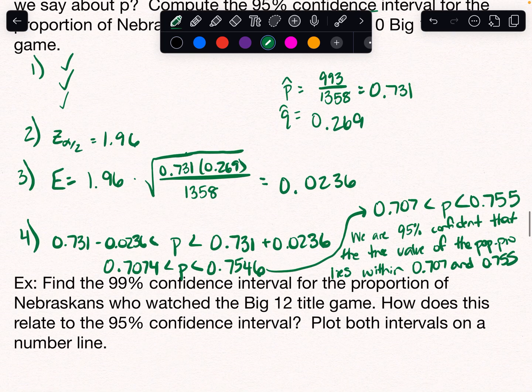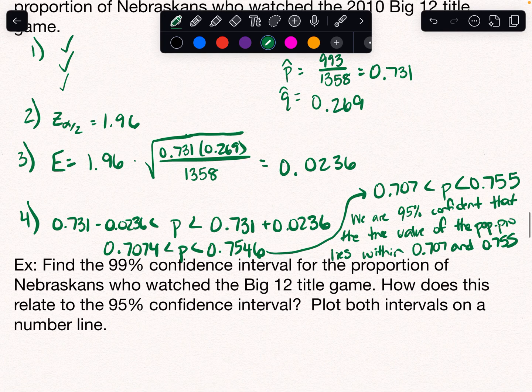Okay, doing the same thing but with a 99% confidence interval. So I'm going to skip straight to step 3 with our margin of error. If it's 99% confidence, that changes our critical value to 2.58. But our sample proportion and our sample failure stay the same.